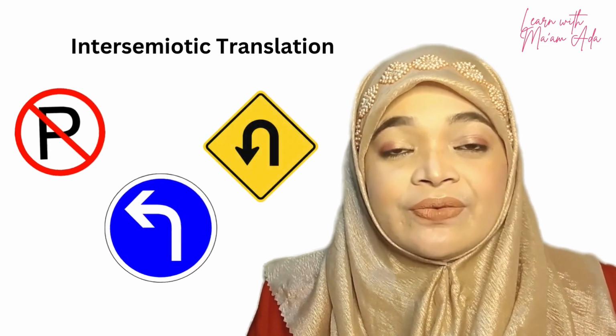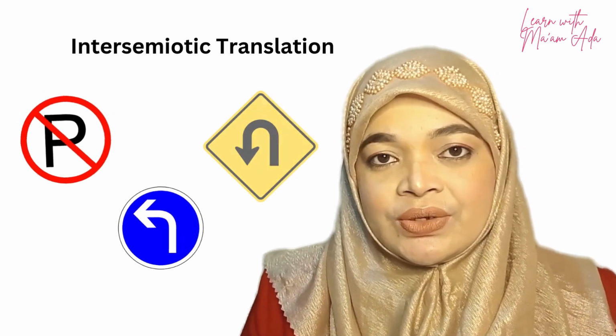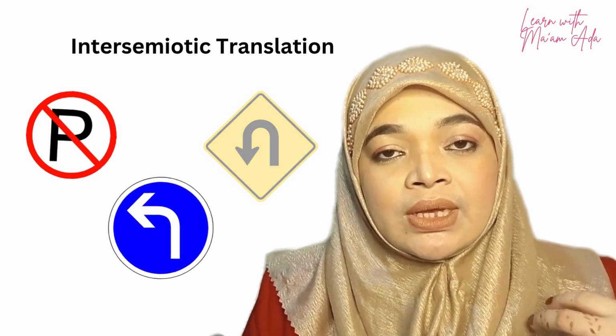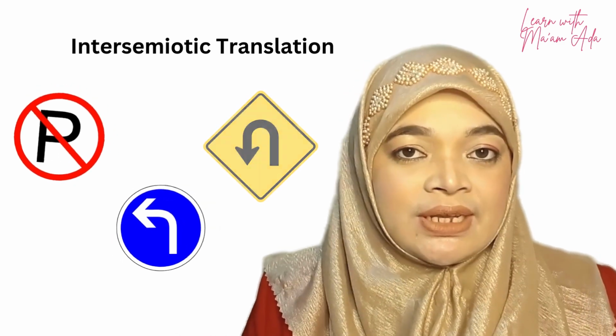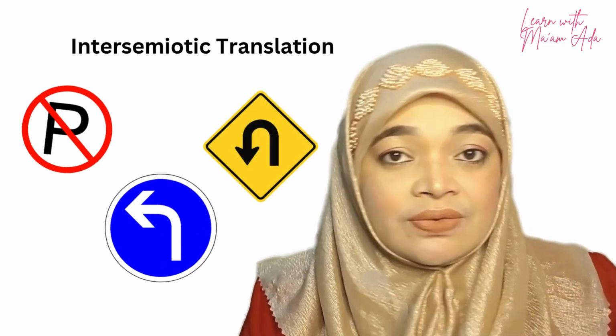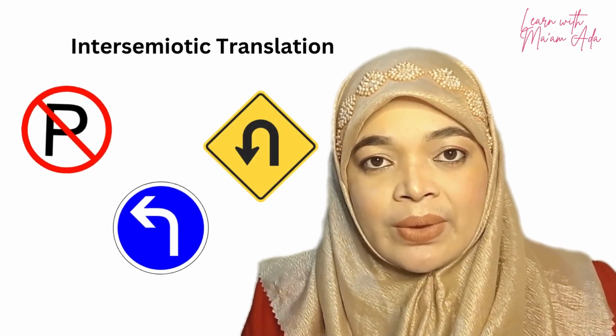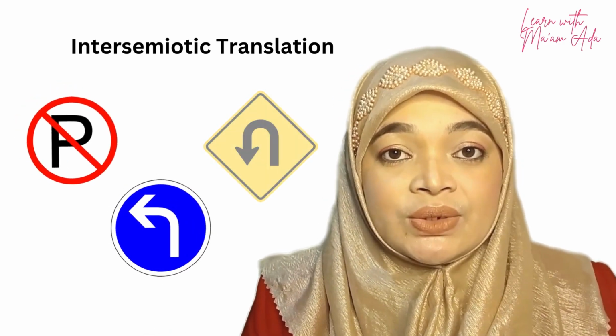Alright. Now for the third category, the intersemiotic translation, it makes use of either music or image as a representation or as a symbol for the verbal signs. So this is very common. We can see this anywhere, the signages. These are examples of intersemiotic translation.